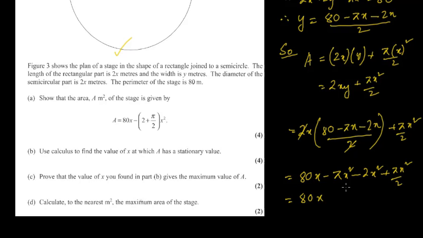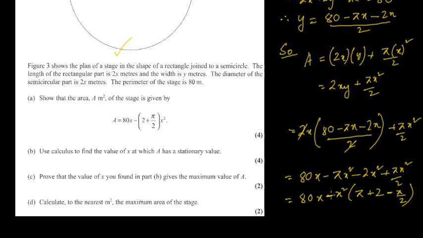Now 80x. Now this one, pi x squared plus pi x squared by 2, if we take x squared common from all these three, we get pi plus 2. If you take minus common, the minus would become plus pi by 2.